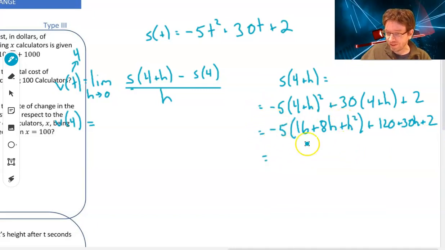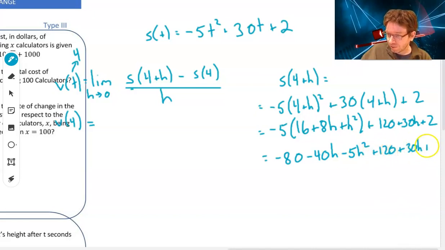Right, so distribute the negative 5 and we'll have minus 80, minus 40h, minus 5h squared, and then we still have this plus 120, plus 30h, plus 2. So cleaning that up a bit, we'll get minus 5h squared, minus 10h, plus 42.